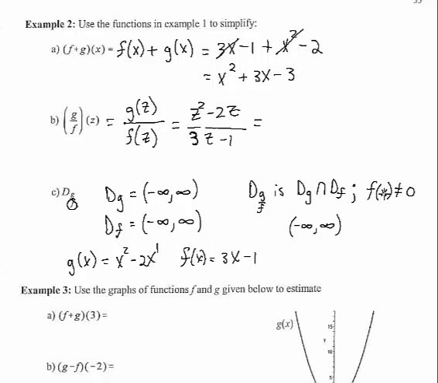But we have a little bit of work to do for f of x not equal 0. I just simply take f of x, which is 3x minus 1, and I do not want that to equal 0. I solved this.